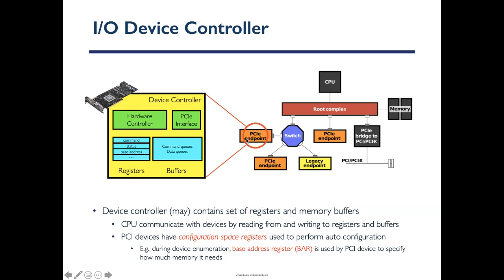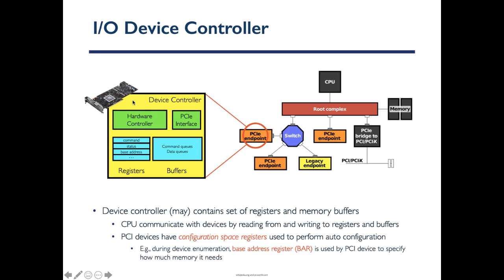Now, when you connect your device to become a PCIe endpoint, what you usually have on your device is a device controller. If I were to show you, in this device that I have, I think it's a NIC card, this is basically the heart of the device, which is a controller.